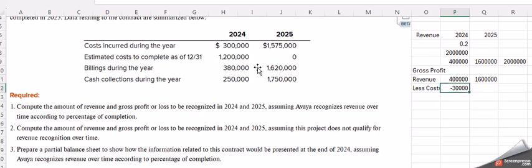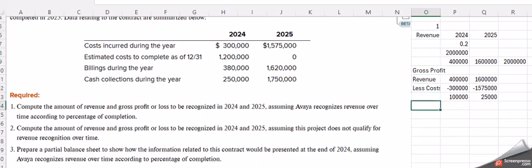I'm going to be losing money there. So then if I sum those, I have $100,000 of gross profit. Now then, again, looking back to the table, the costs in 2025 were $1,575. So then we subtract those out, and then we have $25,000 in our gross profit. Then number two, so that's number one.